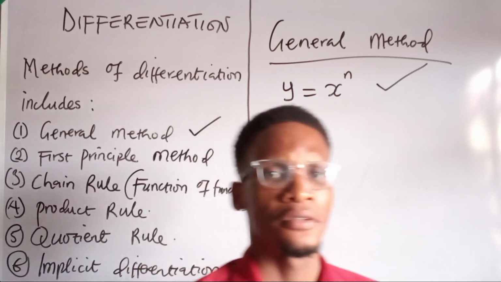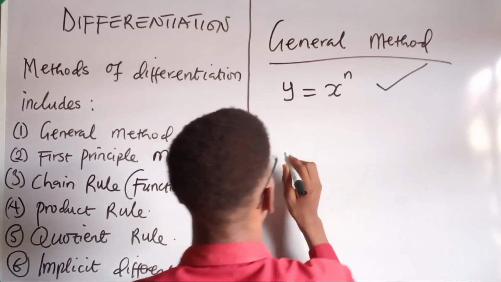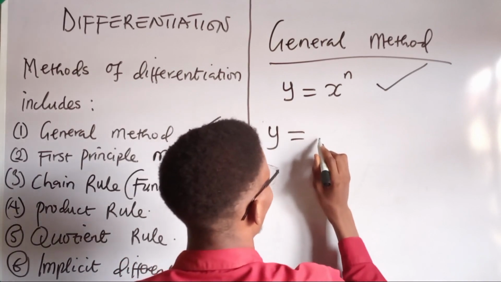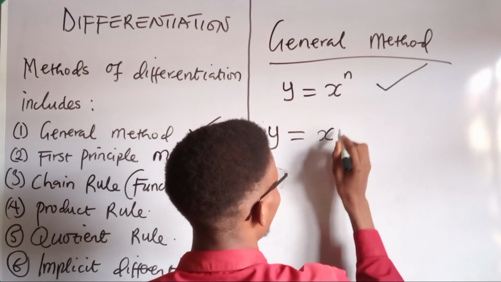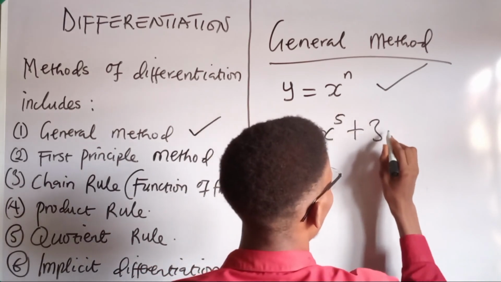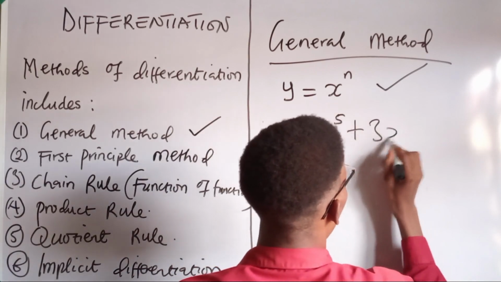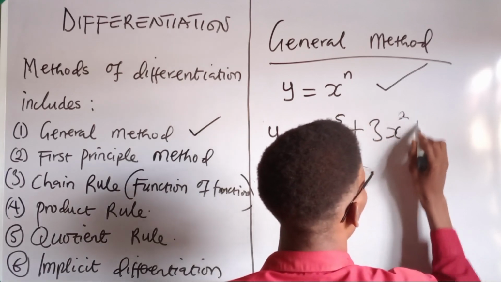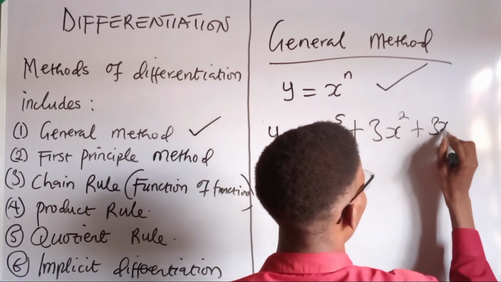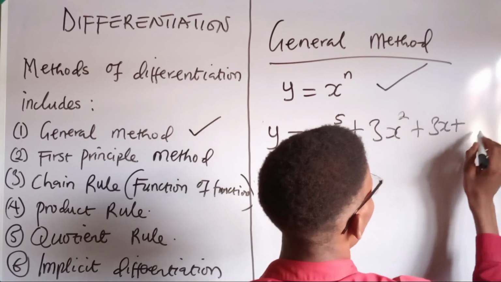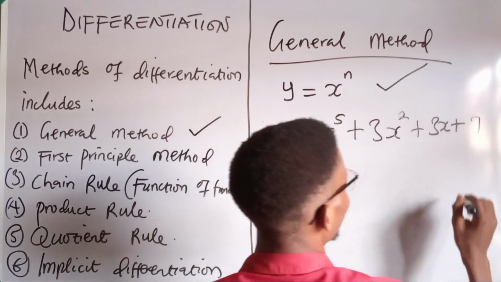Let's say we're given y equals x raised to 5 plus 3x raised to 2 plus 3x plus 7.